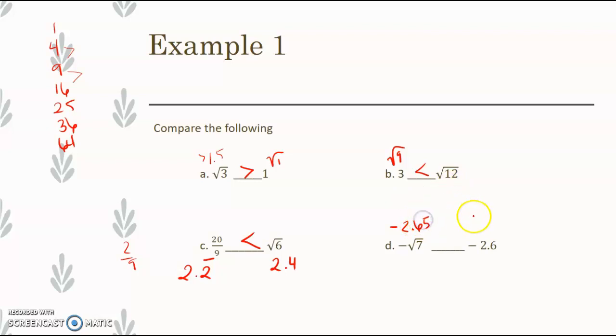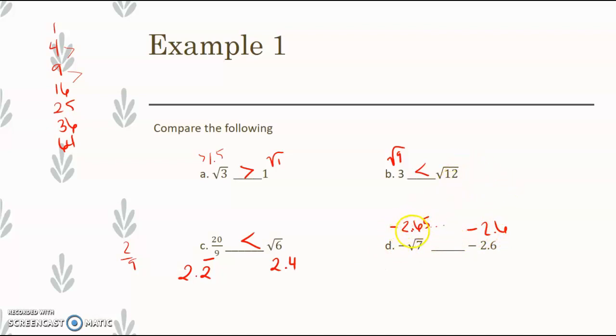2.6465, right? And then this decimal would continue on. And here we just have a negative 2.6. So what we have to be careful of when we're working with negatives is that we actually want the numbers bigger the closer to 0 it is.